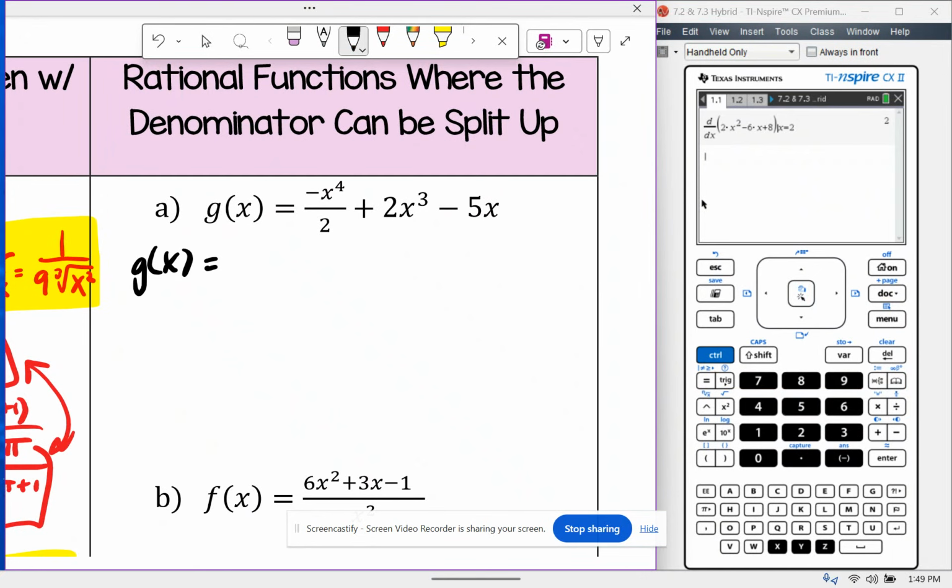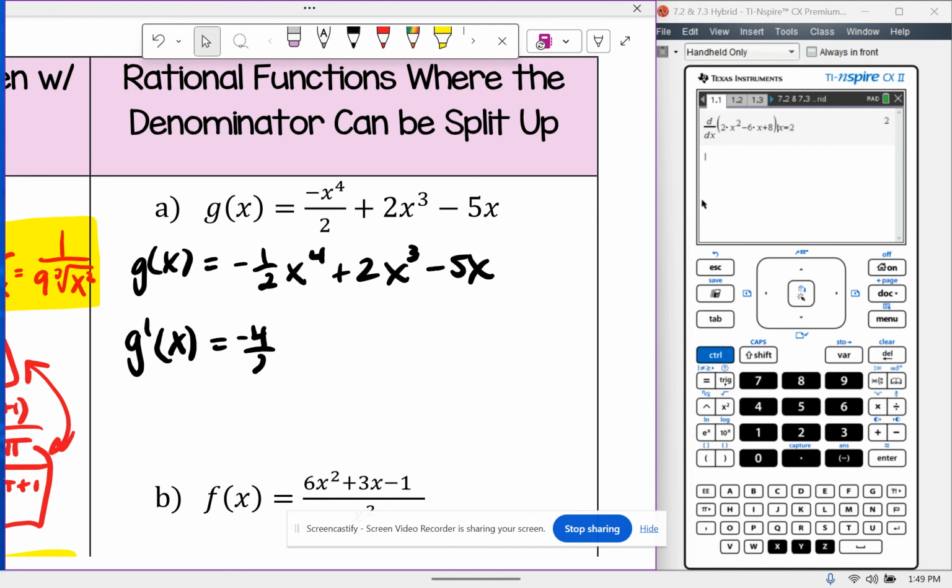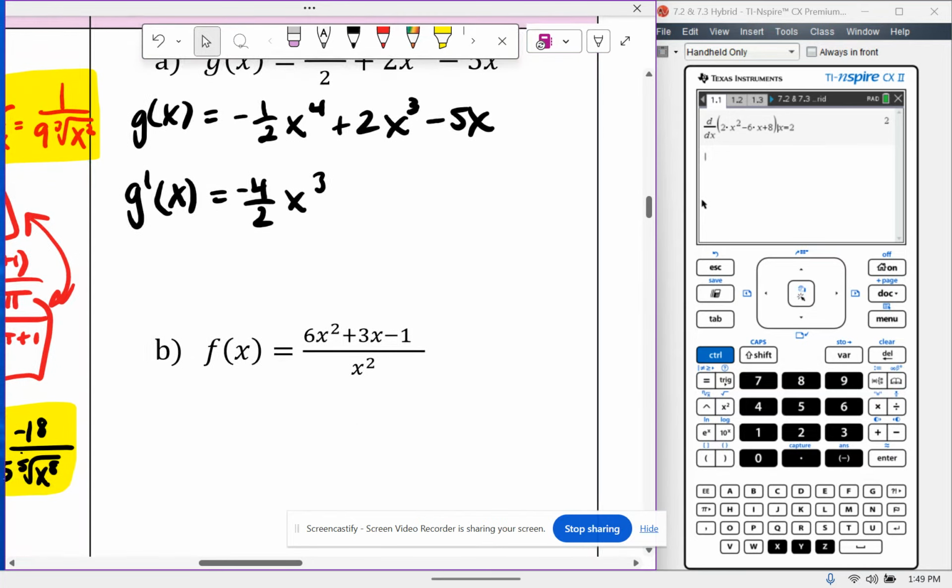You should peel that negative 2 to the front so it's a coefficient and it makes the math easier to see, right? Now take the derivative using the power rule. And then make sure you reduce.